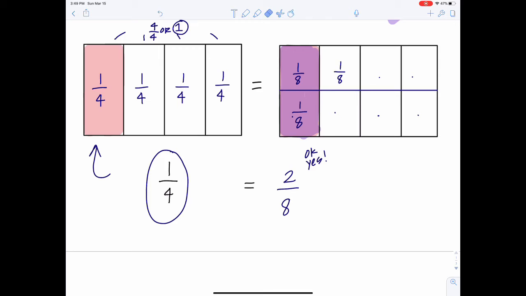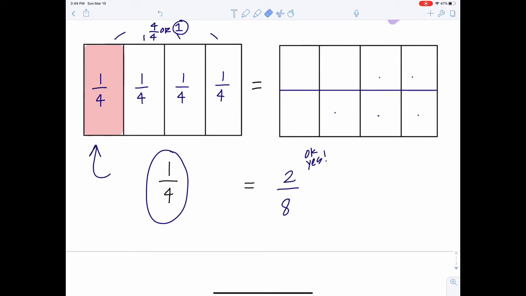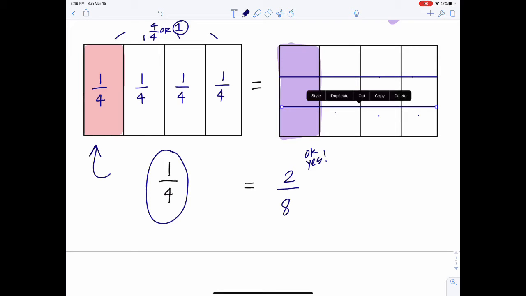But can we keep going? Definitely. Instead of finding what it is for eighths now, we need to find out, is there another equivalent fraction for 1/4 if I move that separating line and I'm dividing it into more equal parts? So I'm going to move that line up. Oops. And add another line to split what was 1/4 into 3 equal parts. And that gives me 1/12.